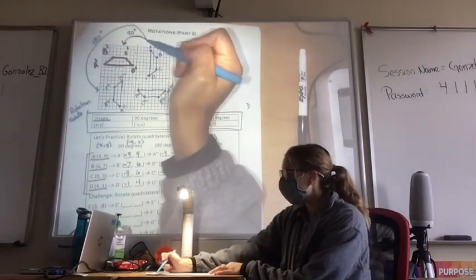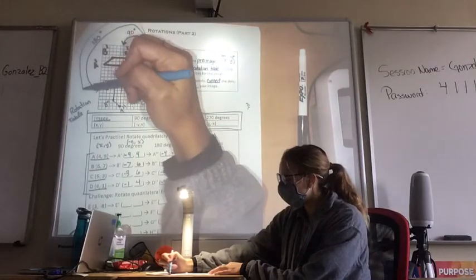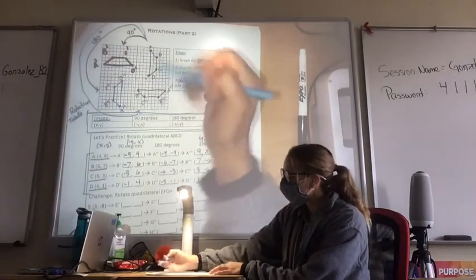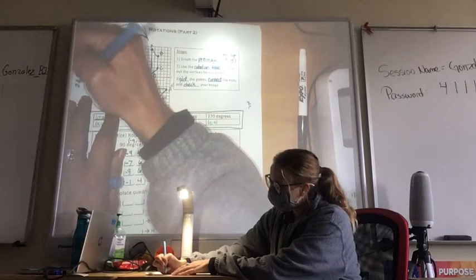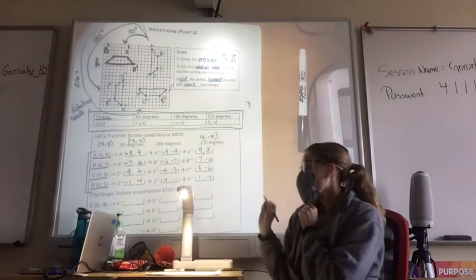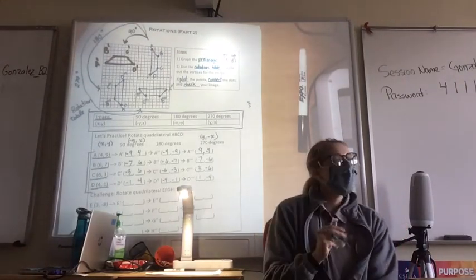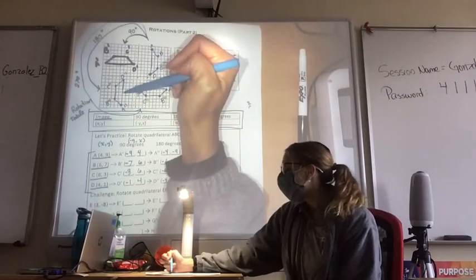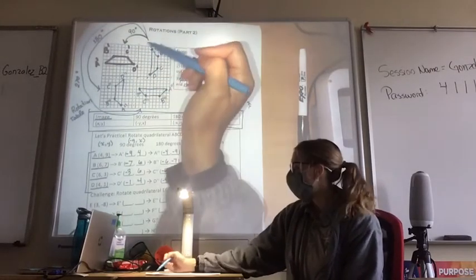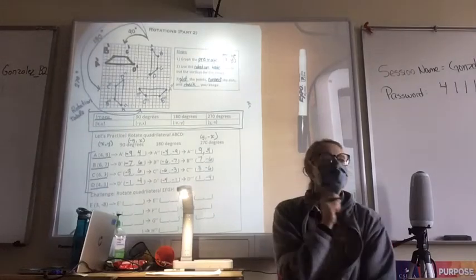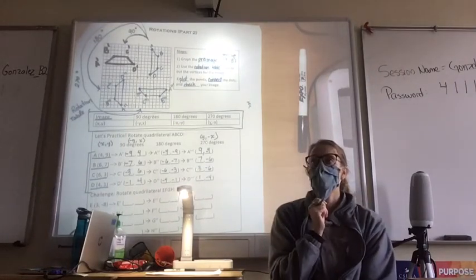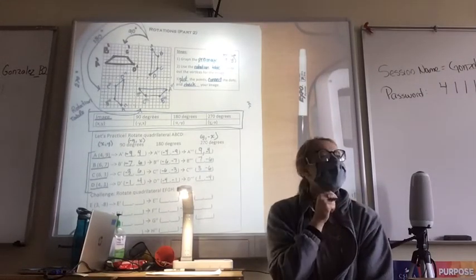And to rotate it 3 quadrants is 270 degrees. If I rotated it 4 quadrants around, 4 times, where do you think it would end up? The same place as where it started.